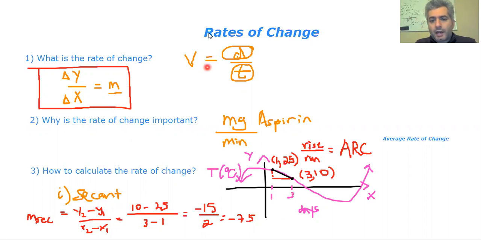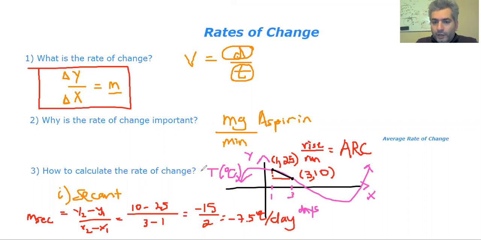So we can see that on average between day 1 and day 3, the average rate of change is negative 7.5 degrees Celsius, degrees C, per day. So over that period of time from day 1 to day 3, the rate of change, how the temperature is dropping, is by 7.5 degrees Celsius per day. And that's the average rate of change over that interval.